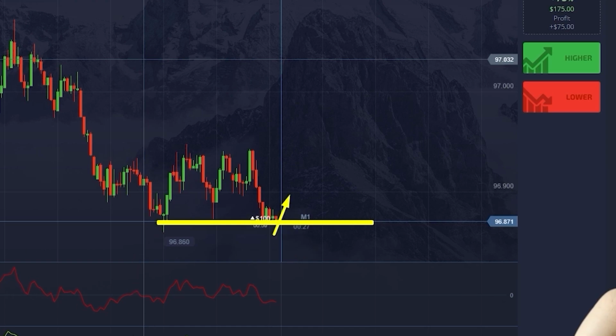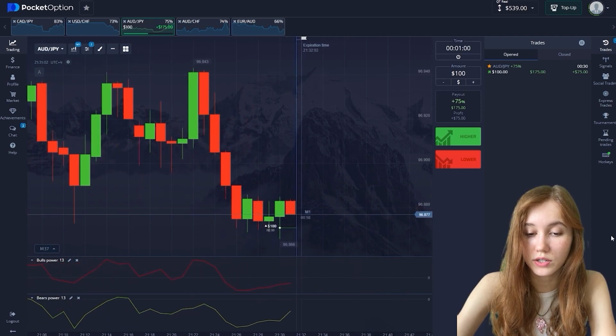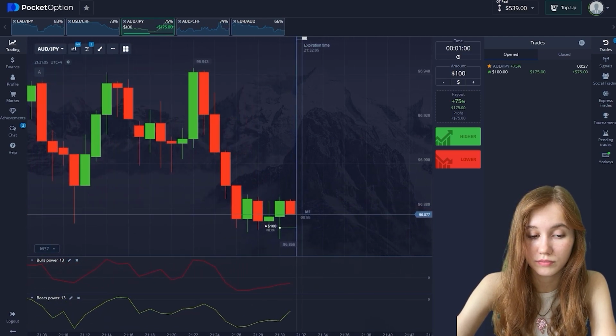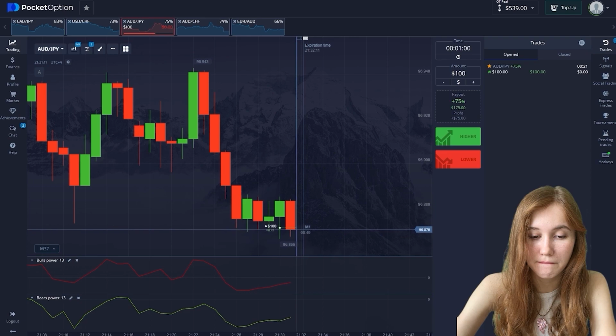For this reversal, we opened our trade using the indicator, and we see that the bears are looking up. The bulls are already practically looking up, so the situation is changing to an upward trend. Let's see.